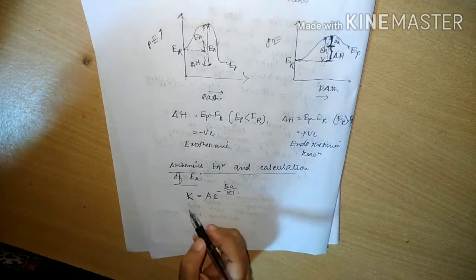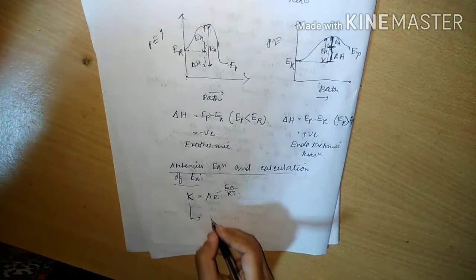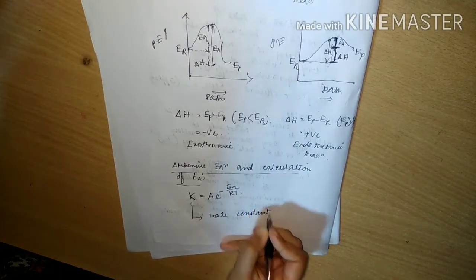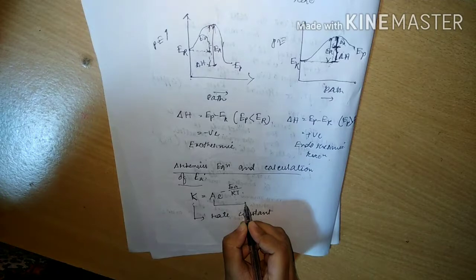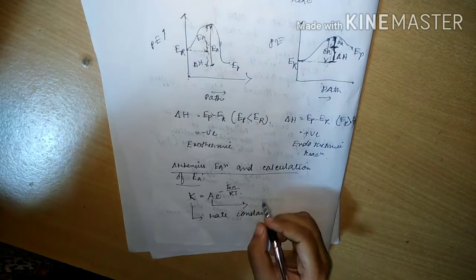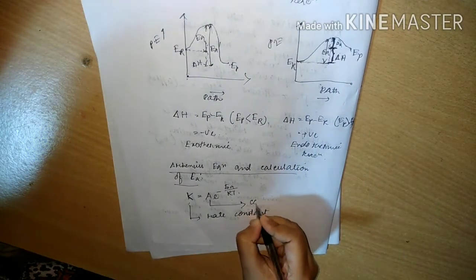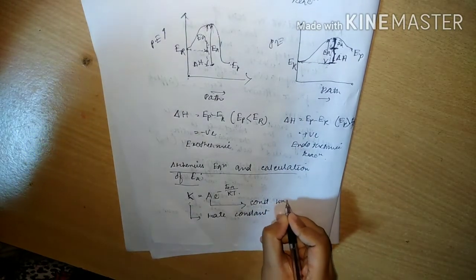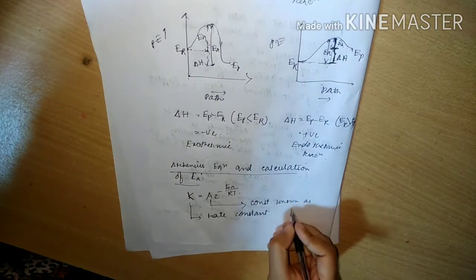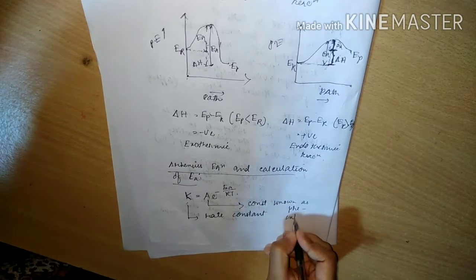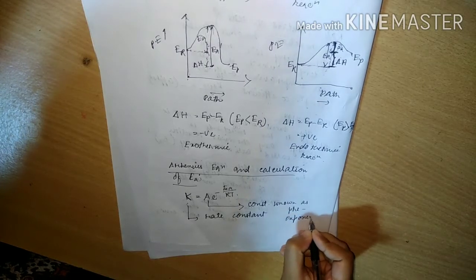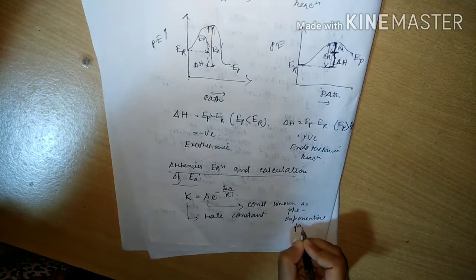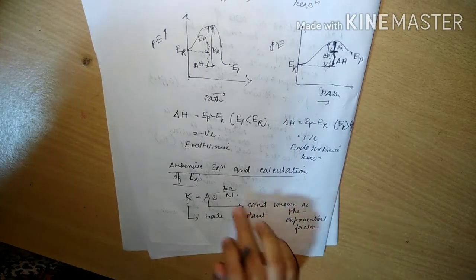So here K is the rate constant. A is also a constant, known as the pre-exponential factor, or you can say frequency factor.